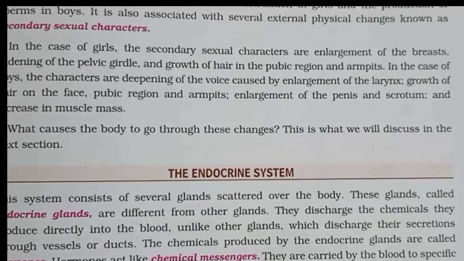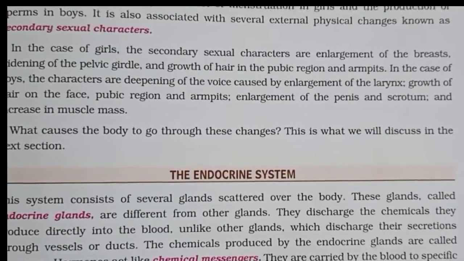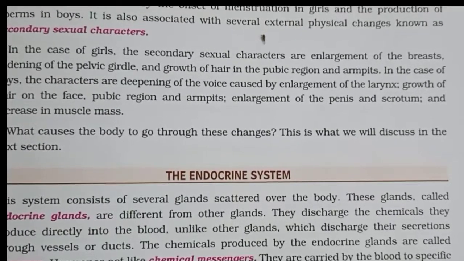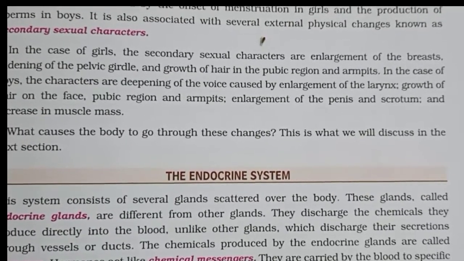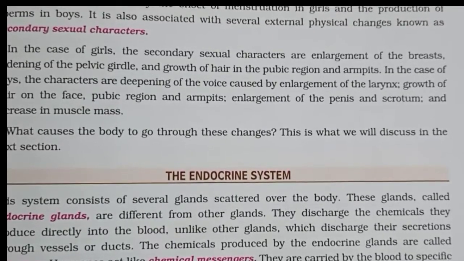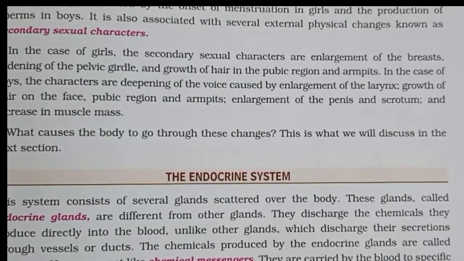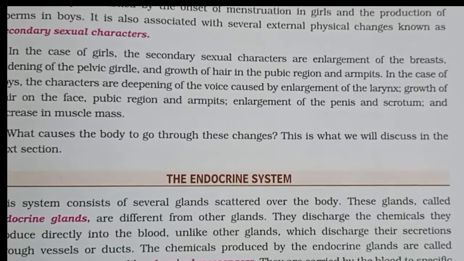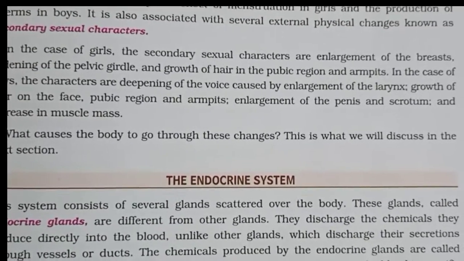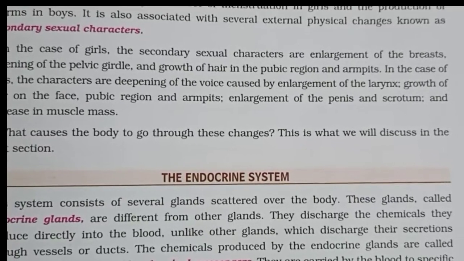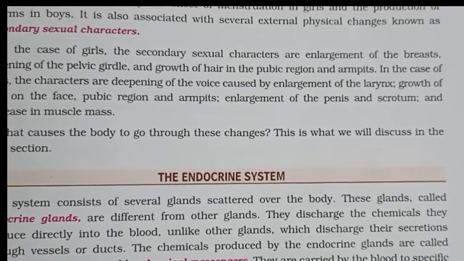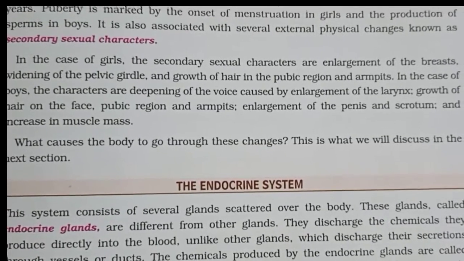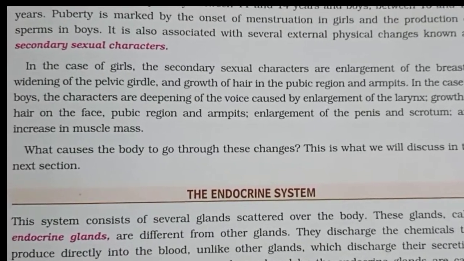Breasts develop and enlarge, the hips broaden, extra fats get deposited in various parts of the body like the hips, thighs, etc. Fallopian tubes, uterus and vagina enlarge. Ovaries start releasing eggs, and as I told you about the menstrual cycle, the monthly period or the menstrual cycle starts.